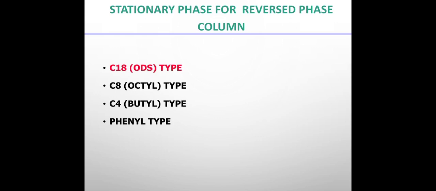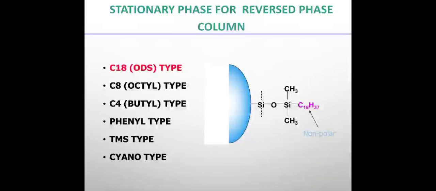What is meant by reverse phase? In reverse phase, the stationary phase is non-polar and the mobile phase is polar. That means it is opposite to normal phase chromatography. Then TMS type, then cyano type, as we saw earlier. So in this stationary phase, the silica is attached to a non-polar group.